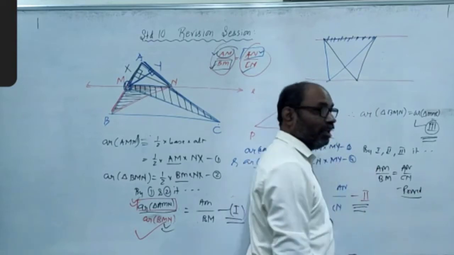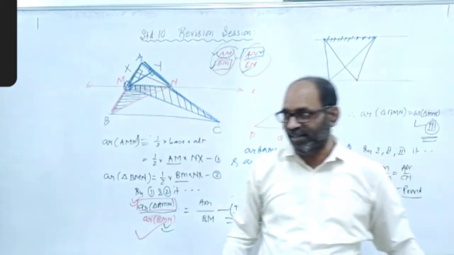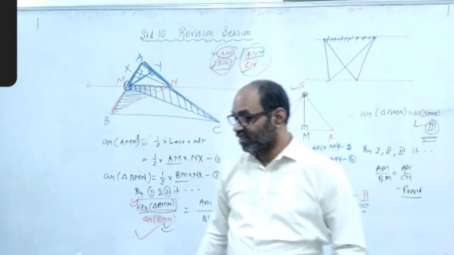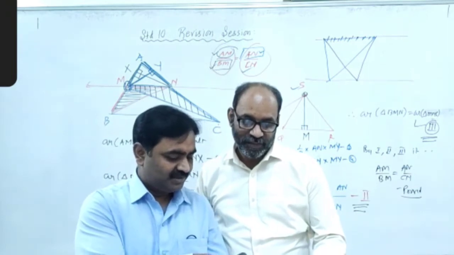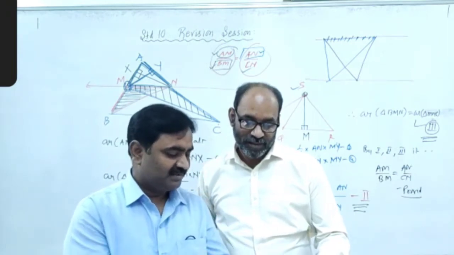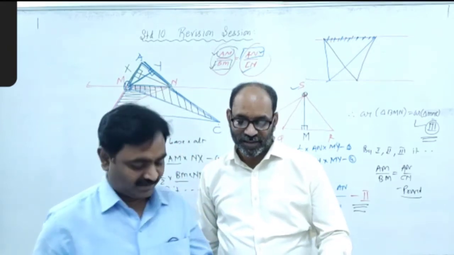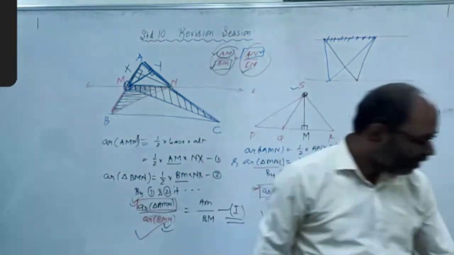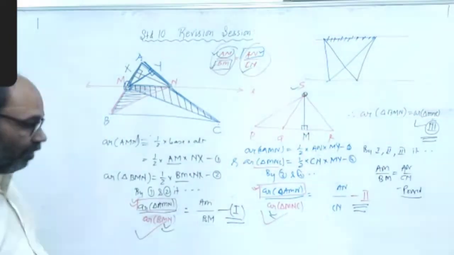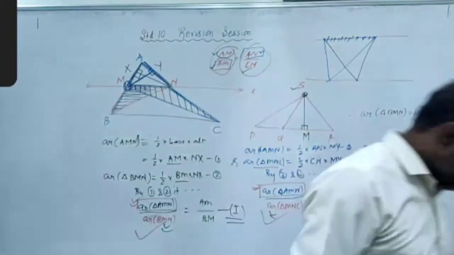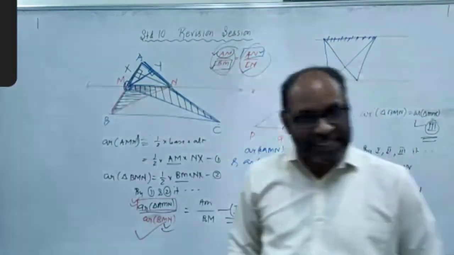So this is also called Thales theorem, or it is called fundamental theorem of proportionality. Sure. Now see. Okay, so that was theorem. Okay, now I will see one construction.